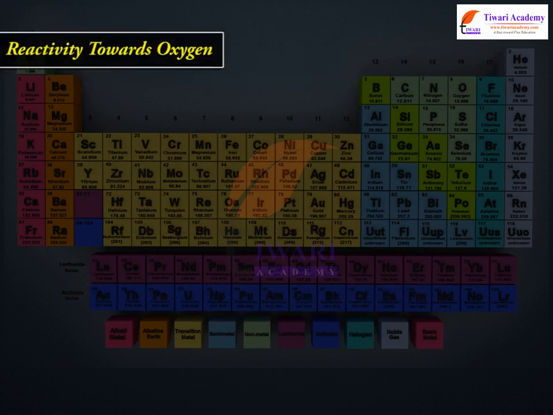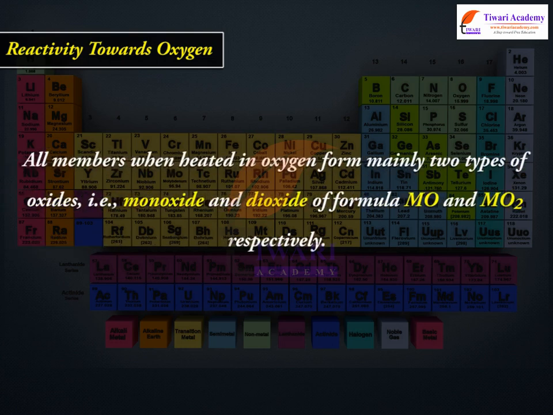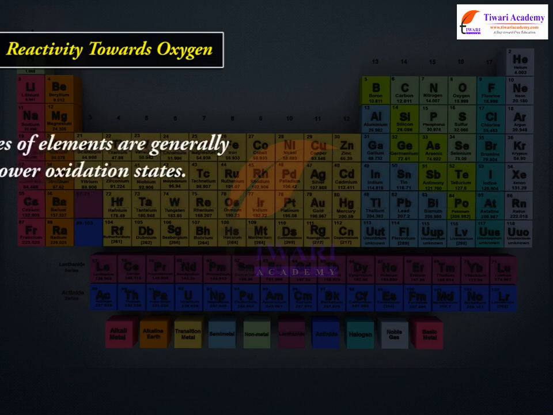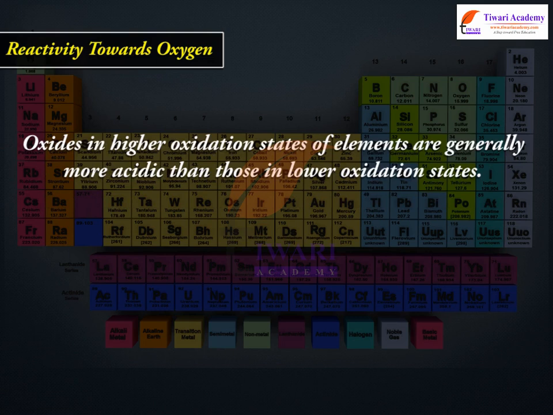Reactivity towards oxygen. All members, when heated in oxygen, form mainly 2 types of oxides, that is, monooxide and dioxide of formula MO and MO2 respectively. Oxides in higher oxidation states of elements are generally more acidic than those in lower oxidation states.